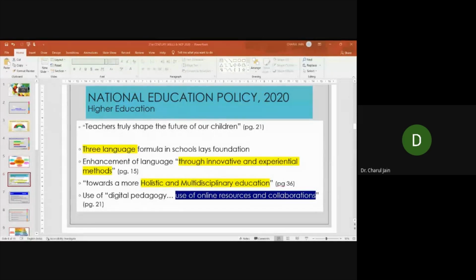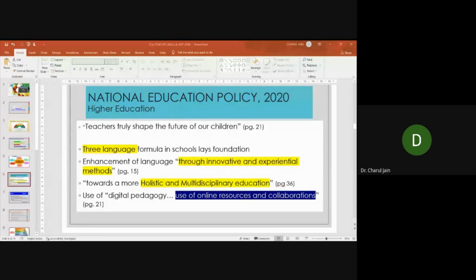When the national education policy was being drafted, nobody had visualized that COVID would come in. And you see how relevant, how significant this national education policy is, that it focuses so much on use of online resources, which has become the need of the hour, because in the last 2 years, we probably could not have survived if we did not have the online resources for our benefit.